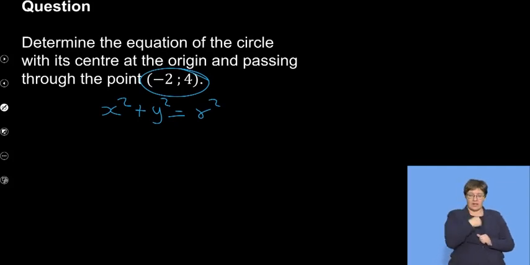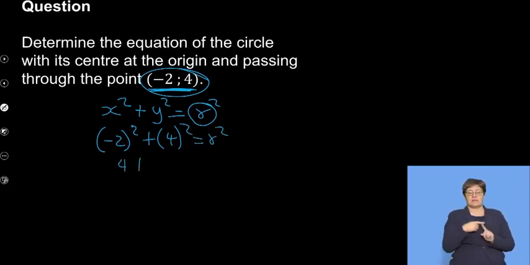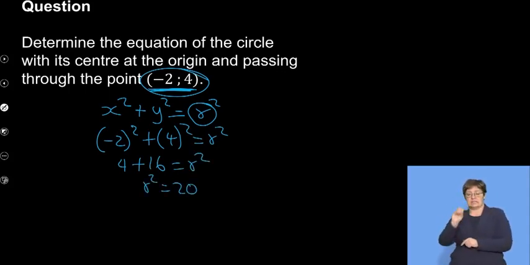We know this circle is passing through the point (minus 2, 4), meaning the distance, which is the radius, we can find by substituting the point (minus 2, 4). That makes it (minus 2) squared plus 4 squared equals r squared, which is 4 plus 16 equals r squared. Then r squared equals 20.